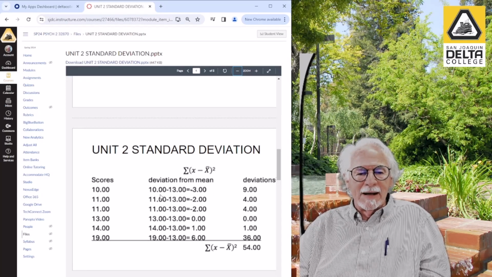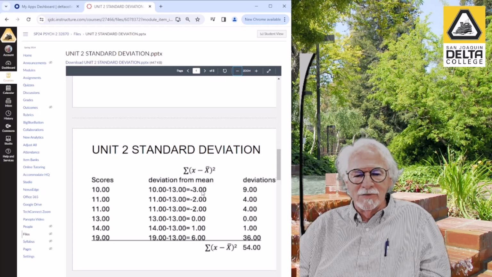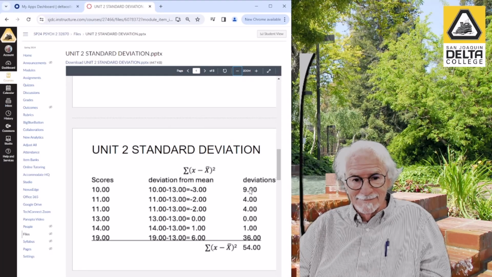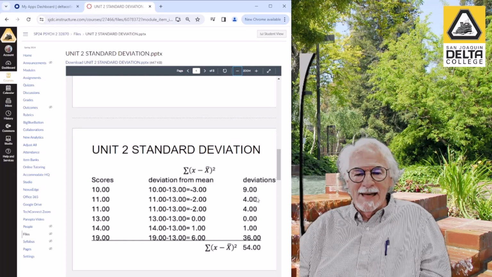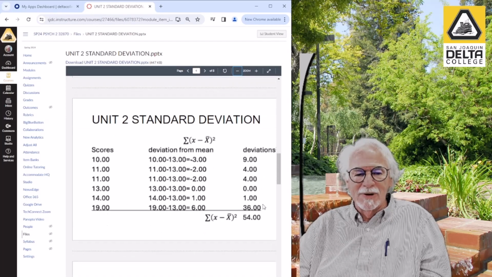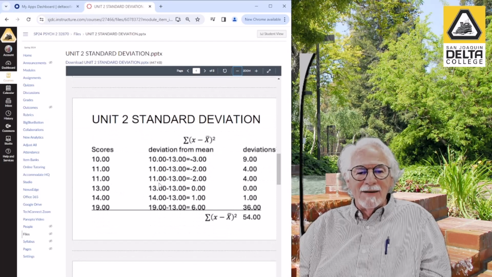The score is 10. I have 10 minus 13 equals negative 3. When I square that, I get 9. 11 minus 13 is negative 2. When I square that, I get 4. 11 again, I get 4. When I had 13, I have 13 minus 13, 0.